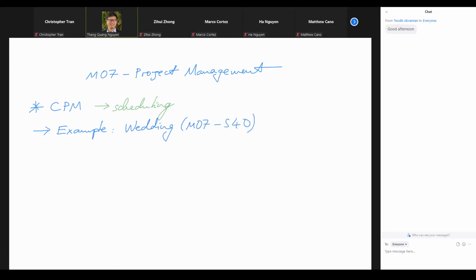So early on in this example, right, we drew the AON project network or the activity on node network. So I would like to draw it one more time here as a reminder for everybody to make sense of what we do. So the AON project network would go as the following.